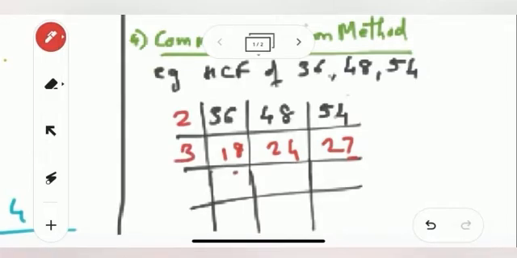So 3 6s are, then 3 8s are, and 3 9s are. So now here if you see, we have to stop here, we cannot further divide these numbers.